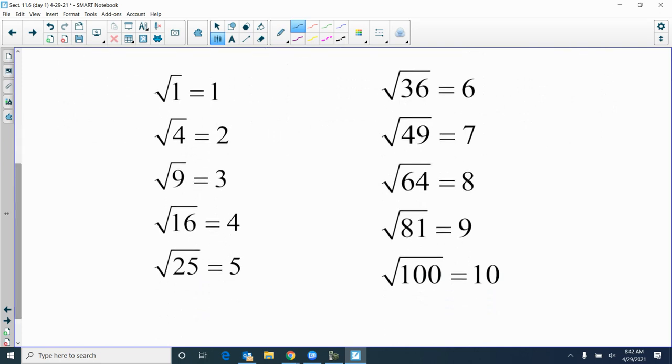If you know that 2 squared gives me 4, 3 squared gives me 9, and you know these radicands pretty well, this whole thing becomes much easier. When you're doing your homework tonight, write that list down: 1, 4, 9, 16, 25, 36, 49. That's going to help you.